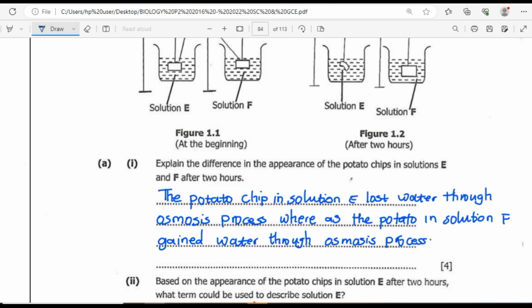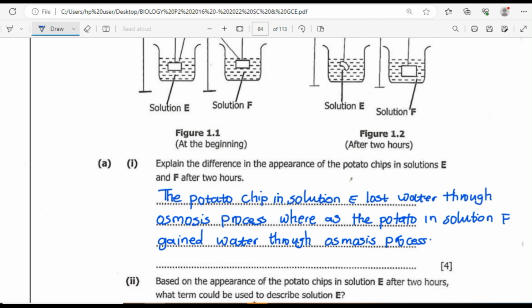Then we can also look at these two potato chips by looking at their appearance. And it's all about their appearance. So we are saying the one that was in solution E, the appearance changed, it shrinked, it reduces in size, while the one that was in solution F reached what we call a turgidity where it gained water. Now we can't expect the bursting of the cells in a plant cell. We know that plant cells have the cell walls.